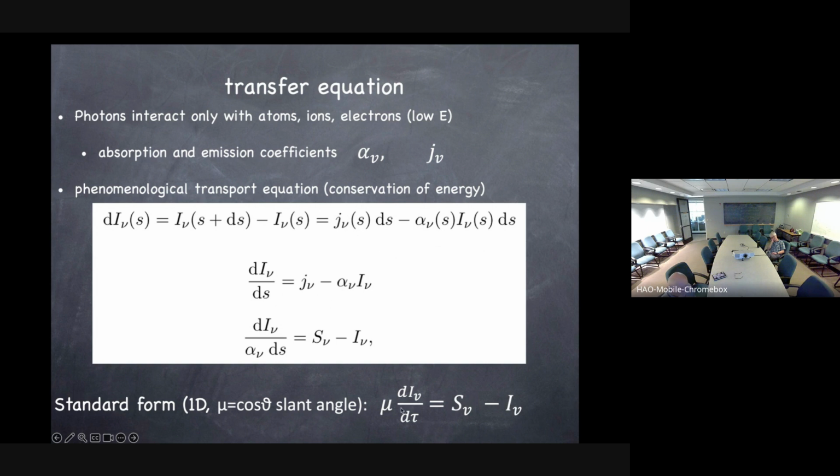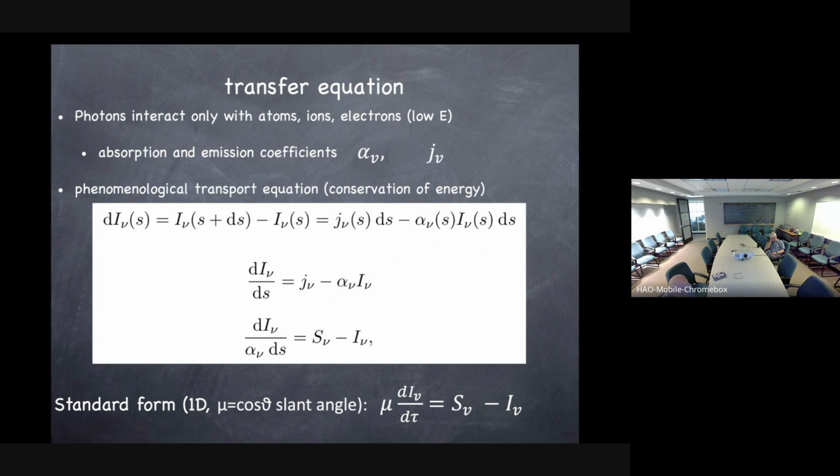Okay? And you can imagine if I wanted to solve this equation, if this is a function of I implicitly over the whole atmosphere, over all frequencies, I've got to integrate I nu over all frequencies and all positions, or for each frequency, I've got to find S nu.